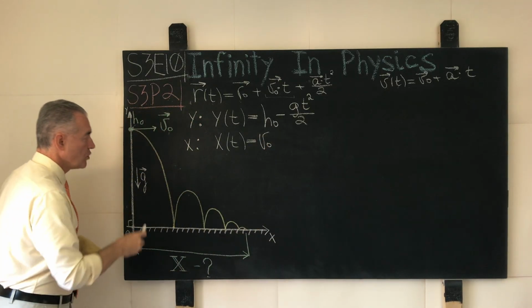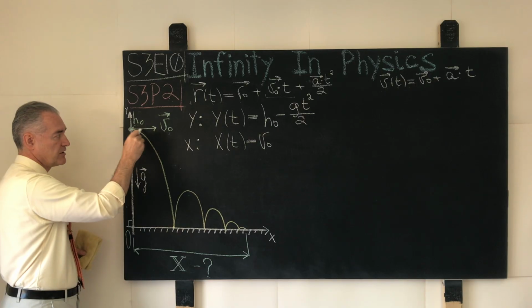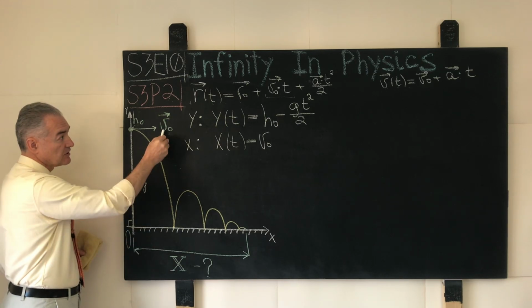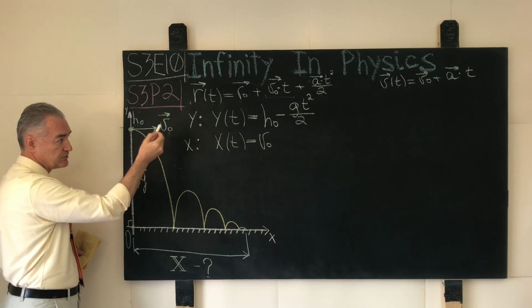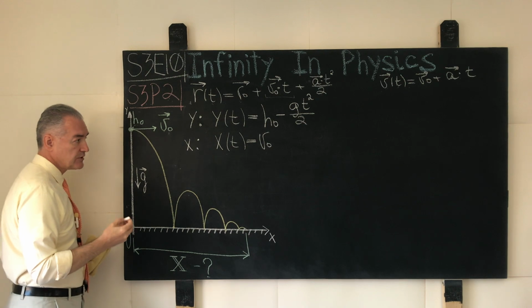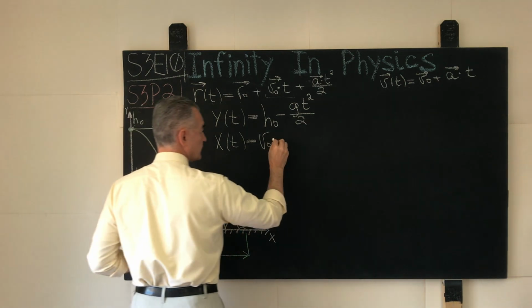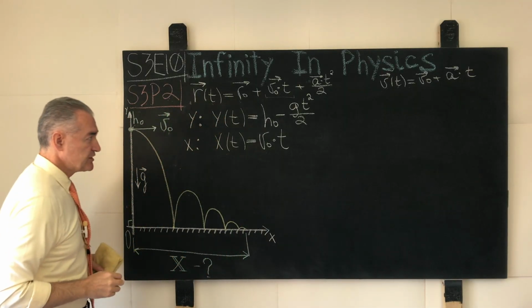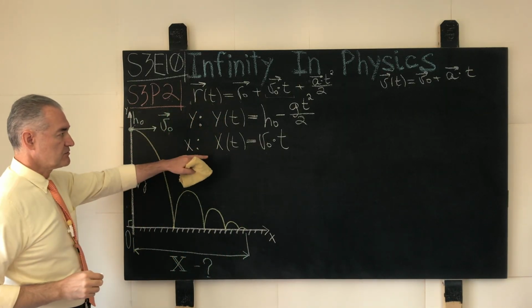Remember that the cosine of the angle that this vector makes with the axis onto which we project our vector v0 is 0. Cosine of 0 is 1. Consequently, we'll have v0 times t. Wonderful. This takes care of the radius vector.